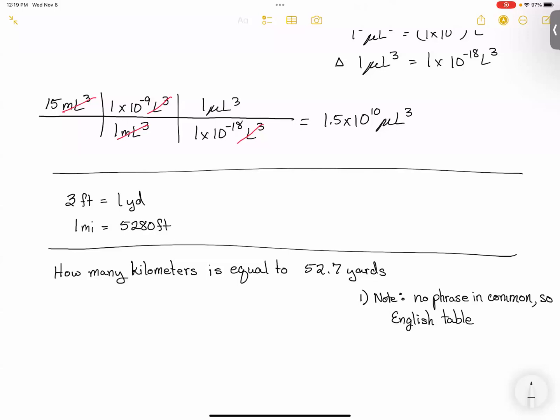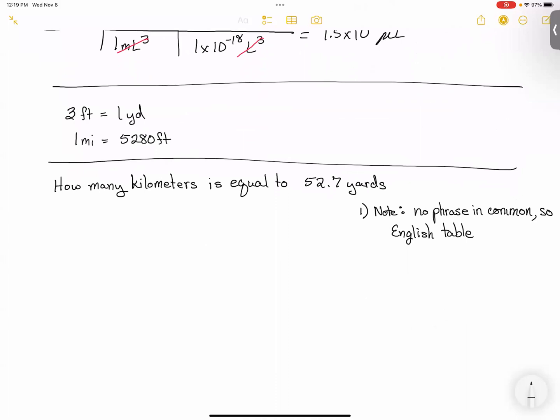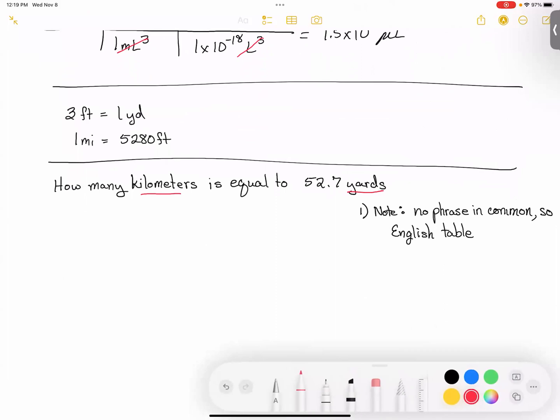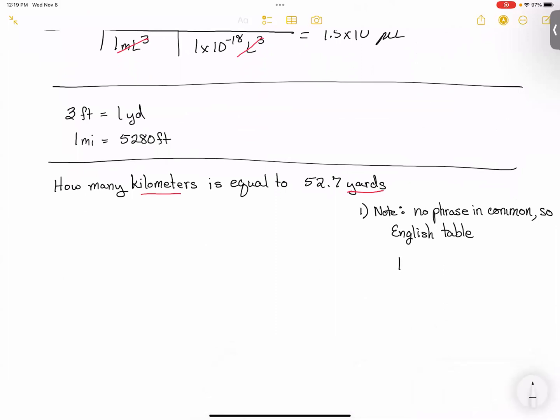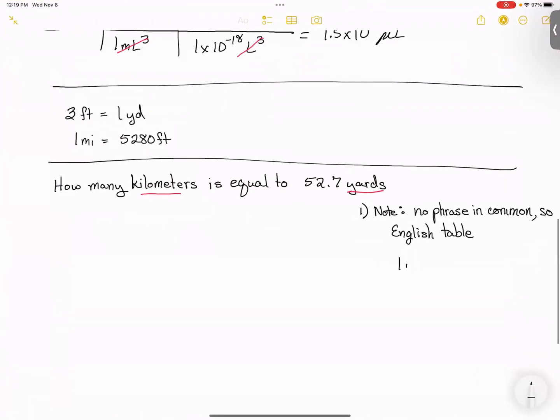So I'm going to look for something that will help me. Let's see. I have kilometers and I have yards. And I'm just looking through here and I go, oh, well, there is something that I can use: 1 yard is equal to 3 feet.